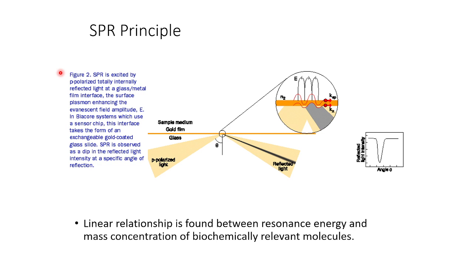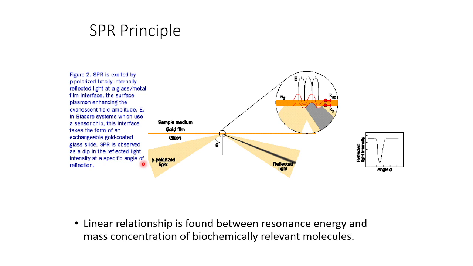Now in the BioCore system, which we use as a sensor chip, this interface takes the form of an exchangeable gold coated glass slide, and then SPR is observed as a dip in the reflected light intensity at a specific angle of reflection.